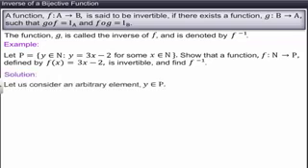Let's begin by considering an arbitrary element, y, in set P. This implies y is equal to 3x minus 2 by the definition of set P. This further implies that x is equal to y plus 2 whole divided by 3.